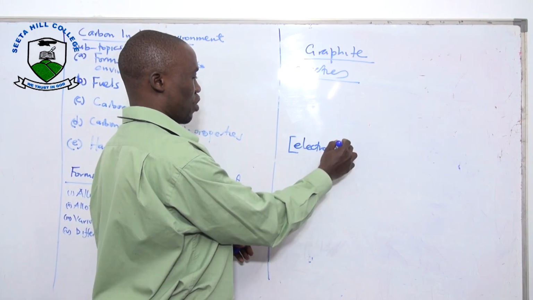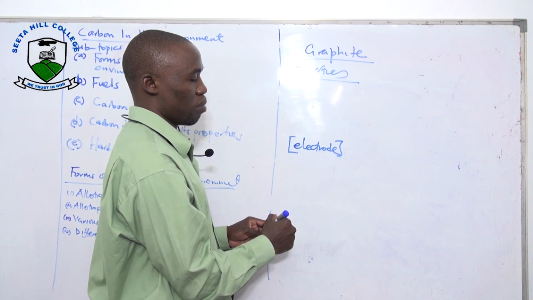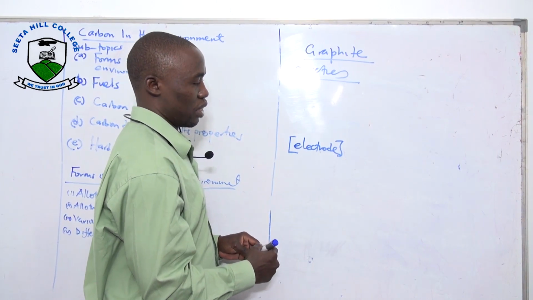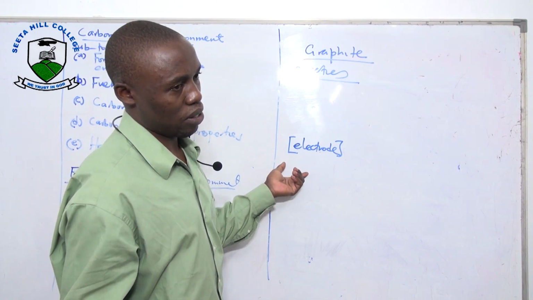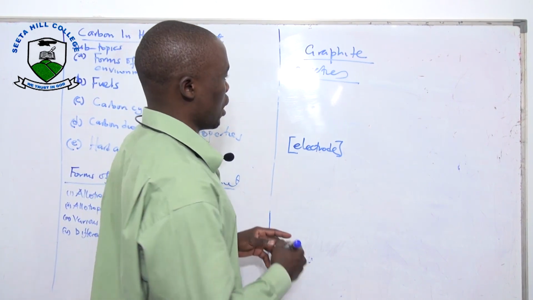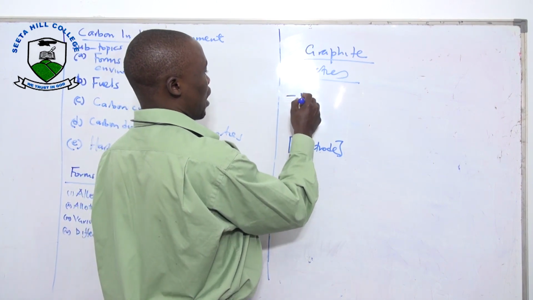A good conductor of electricity, therefore used in making electrodes, like that middle rod in a dry cell. It is black and opaque.